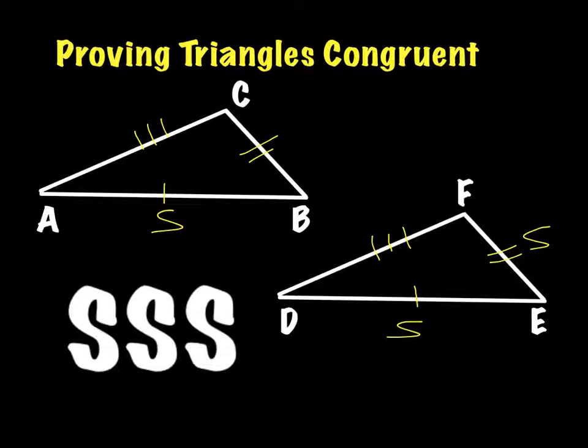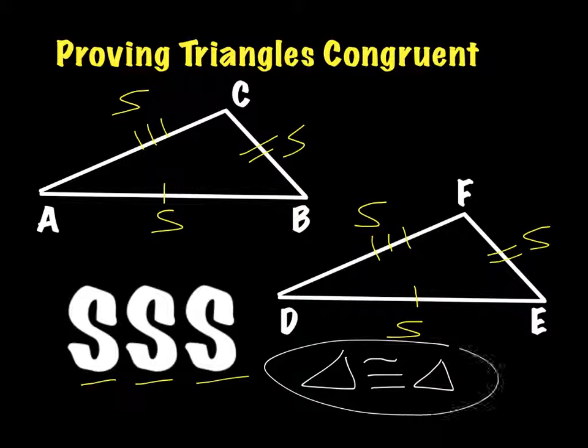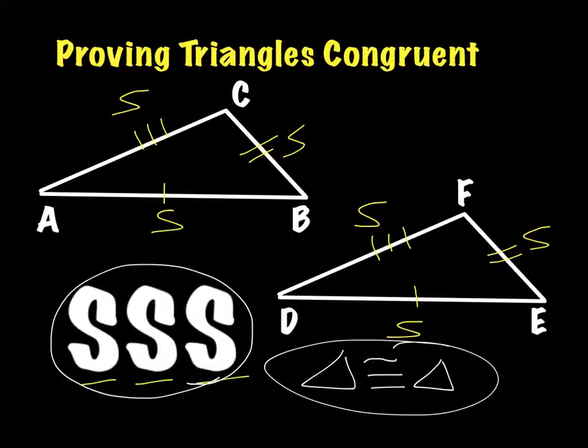That means all the angles would also have matches as well, and that would prove that the 2 triangles are congruent. The reason would be called side, side, side, or SSS.